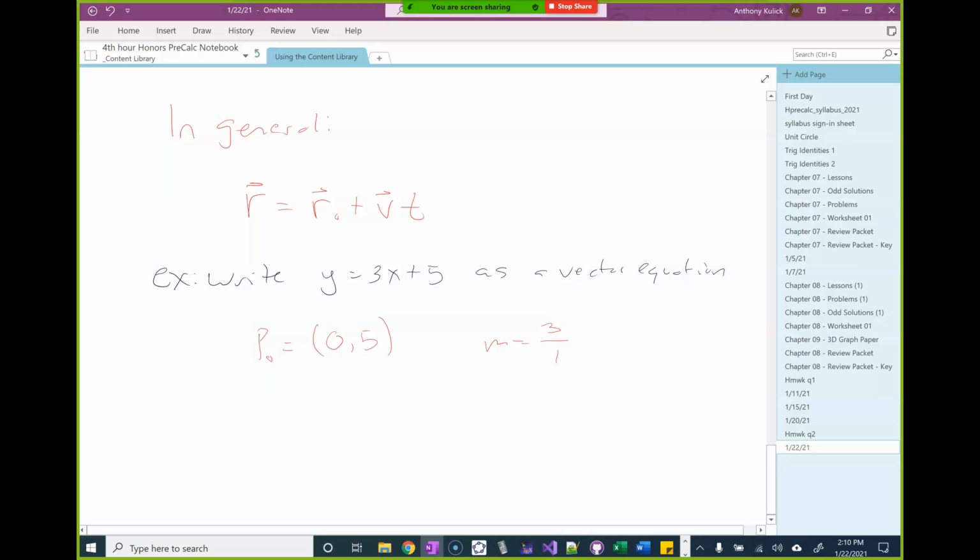So that's okay. So I'll start by converting that point into a vector, and then I'm going to convert that slope into a vector. So my vector equation is just that.